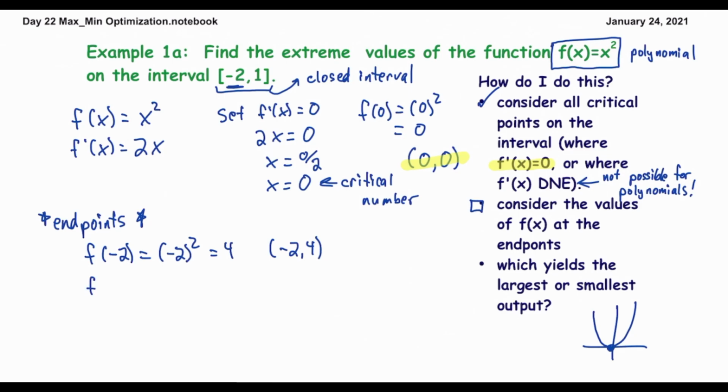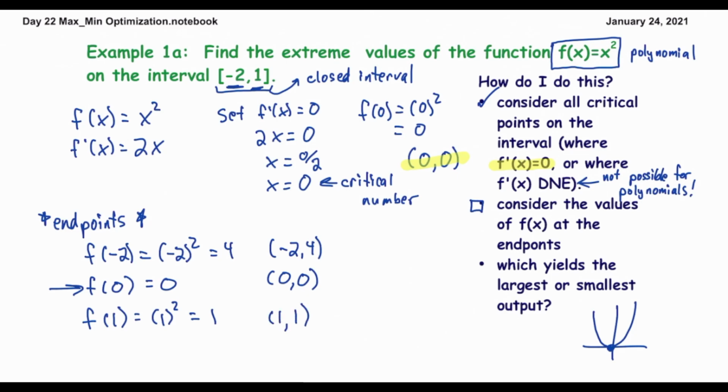I have the point I've already considered, f of 0, which is 0. This isn't actually an endpoint, it's my critical point, but we'll still list it here just so we can compare all our values nice and neatly. And my other endpoint is when x is equal to 1. So f of 1 equals 1 squared, which is 1.